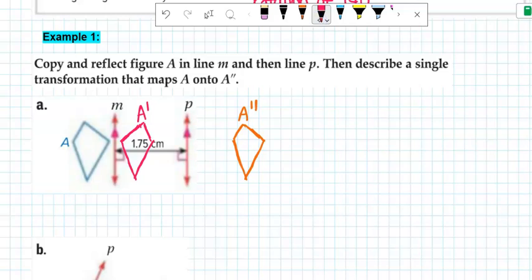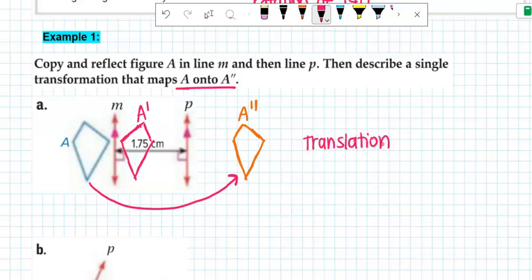So it's asking us, though, what's the transformation from A, the original, to A double prime? So from here all the way to here. Okay, in an ideal world where we could just maybe copy and paste it or had a nicer shape, we could tell that from A to A double prime, it's as if we just slid it across the page. So this is going to be a translation.